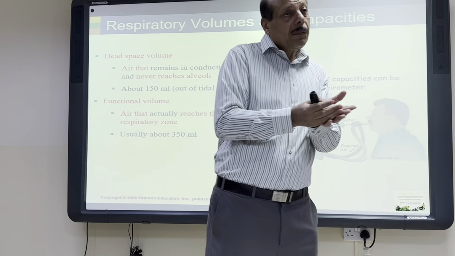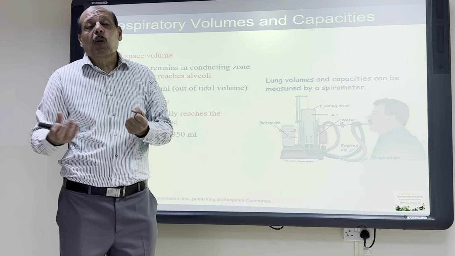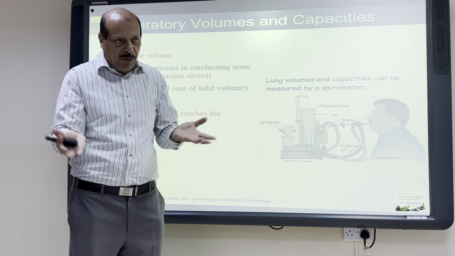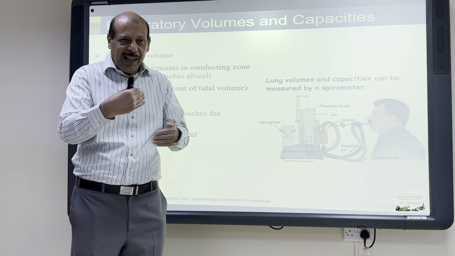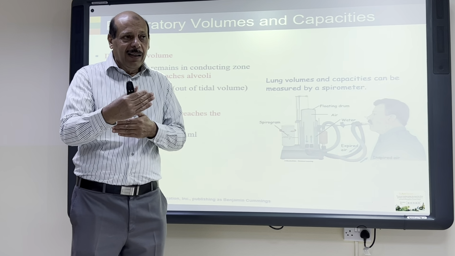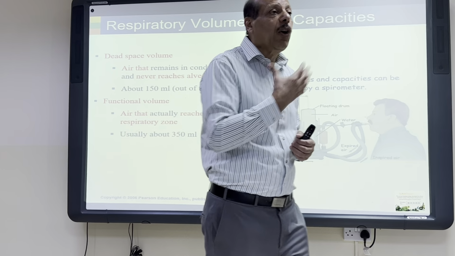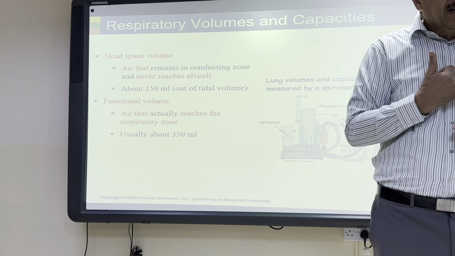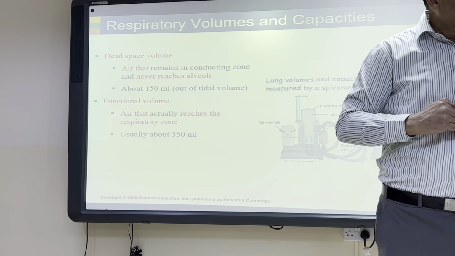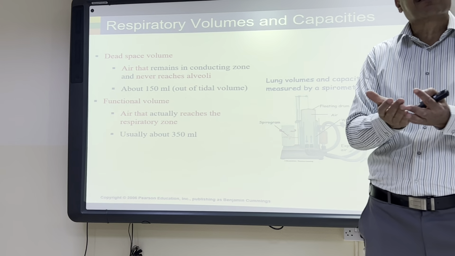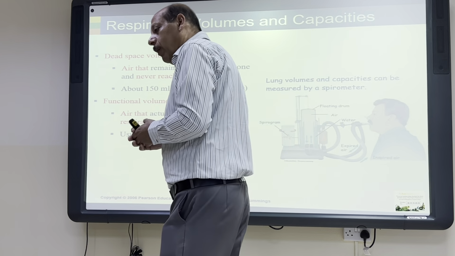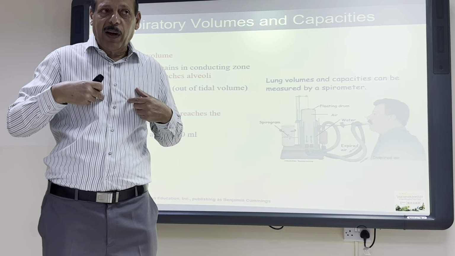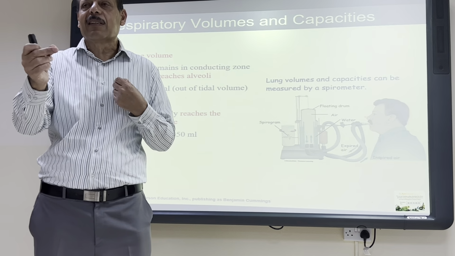So the amount of air which is in the alveoli, the capacity of the alveoli, is the exchangeable air, isn't it? But when we are taking normal breathing, the air that's coming in will come to the upper respiratory tract and the lower respiratory tract and to the lungs. So there is some amount that will be in the trachea and bronchi and the small bronchioles that don't have the alveoli.